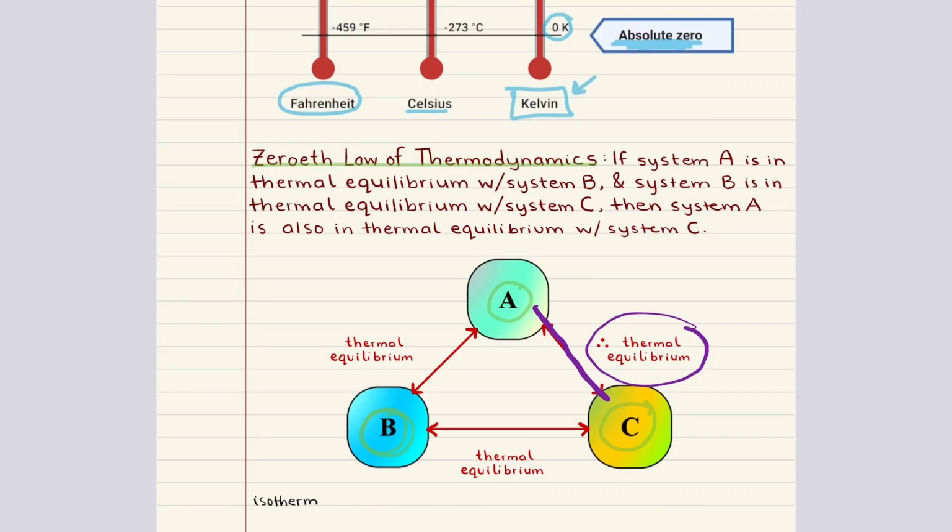Without this law, the idea of using a thermometer would not make sense. A thermometer works by reaching thermal equilibrium with a system. If equilibrium were not transitive, we could not trust that the thermometer's reading truly represents the temperature of the system being measured.